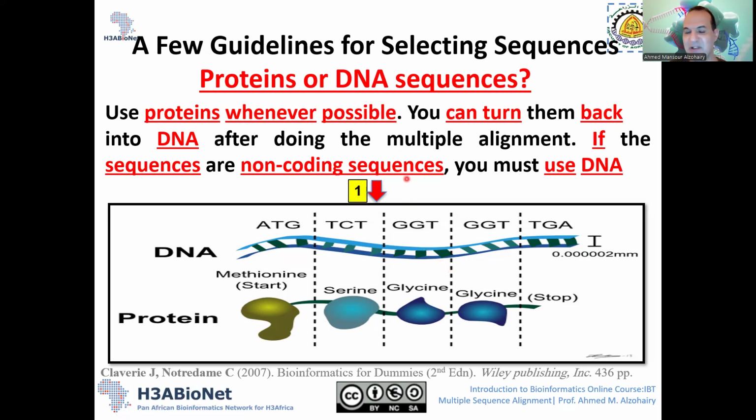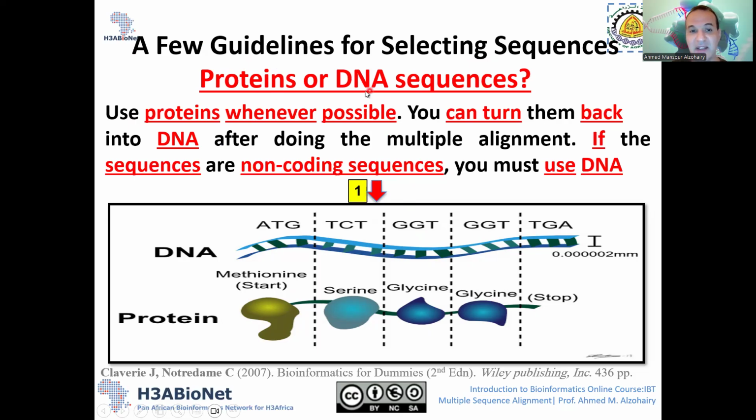Both of them are databases that contain a lot of information and a lot of sequences that can be used. Of course, we have to stick with some guidelines for selecting sequences. First of all, are we going to use protein or DNA? Which is better?